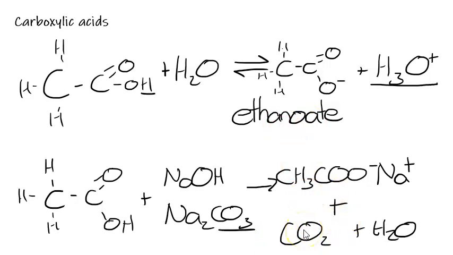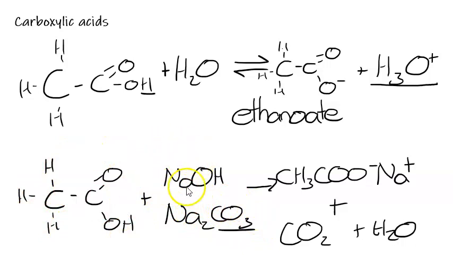So again, if we had an identification question where we had unknown solutions and we had sodium carbonate that we could add to them, then we would be able to say if the solution was an acid, then we would observe bubbles coming from that solution. So this is if we've reacted this ethanoic acid with sodium carbonate.